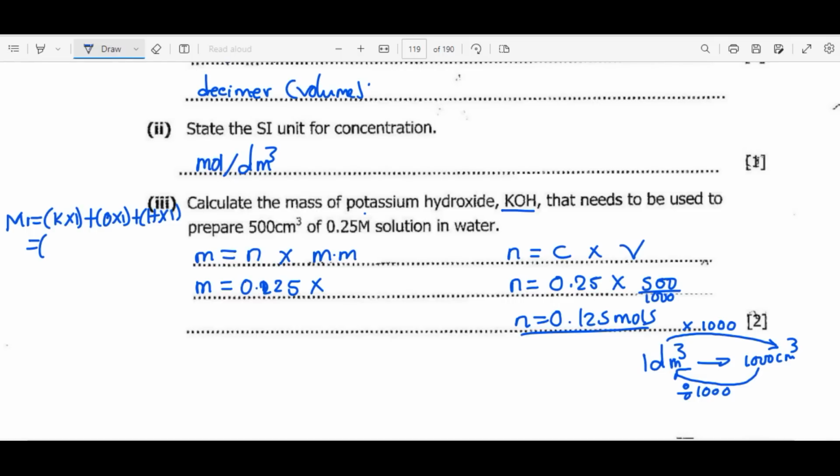First, let me check on my periodic table. Okay, yes, it's 39 multiplied by 1 plus 16 times 1 plus 1 times 1.